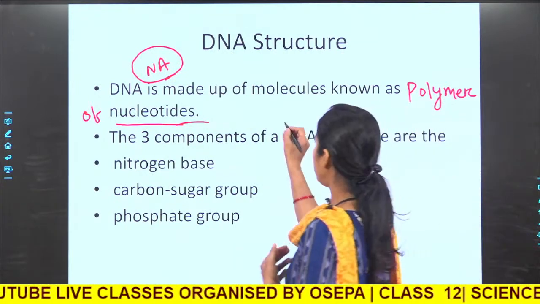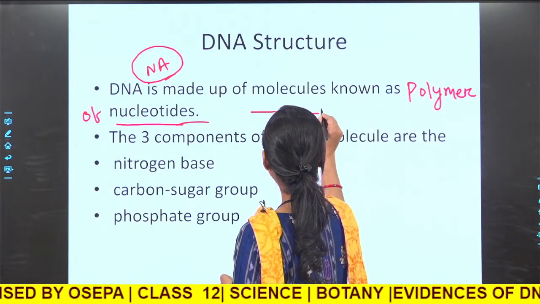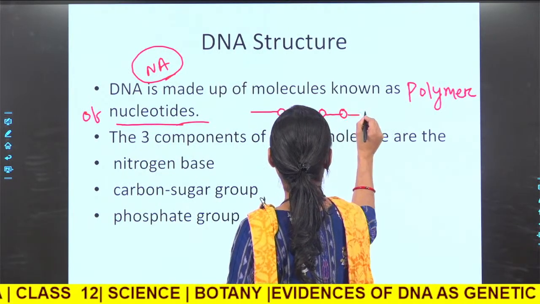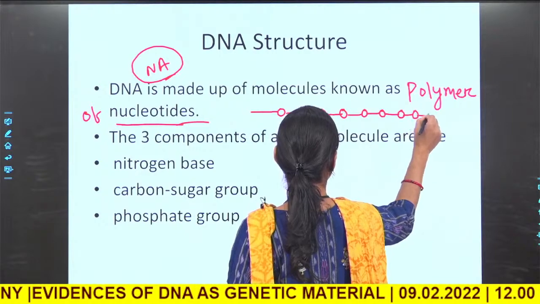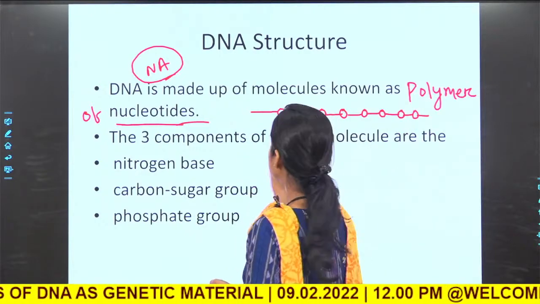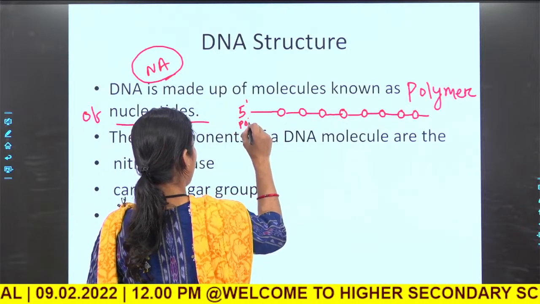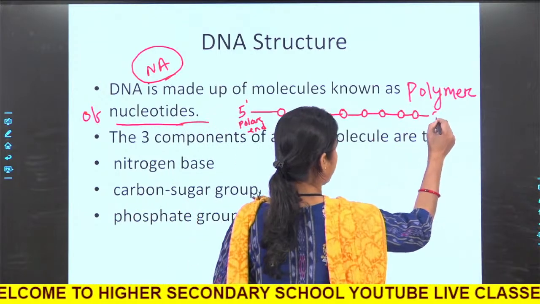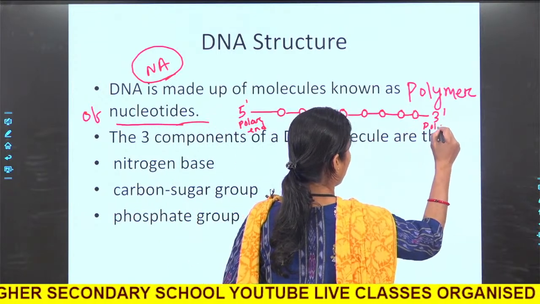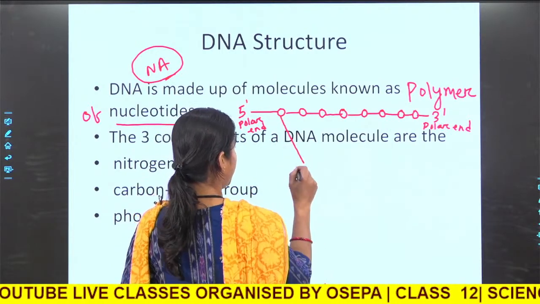Let me tell you that this is just like a string comprising many beads, and each such bead is a nucleotide. There are two polar ends, a 5 prime polar end and a 3 prime polar end, and these are all nucleotides.